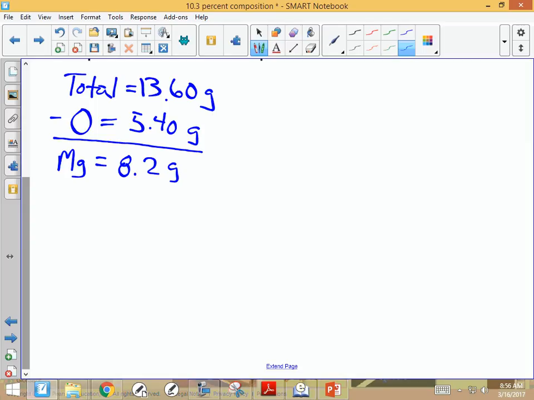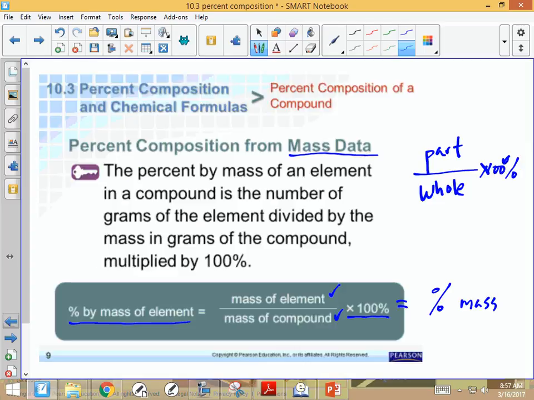Next, we're going to find the percent composition of oxygen. Let's jump back real quick right here. Percent composition of oxygen will equal the mass of oxygen over the total mass of the compound times 100.